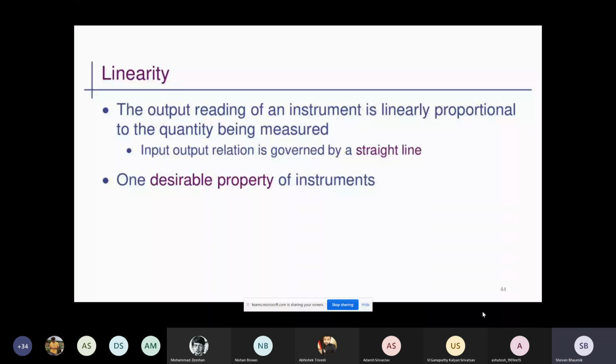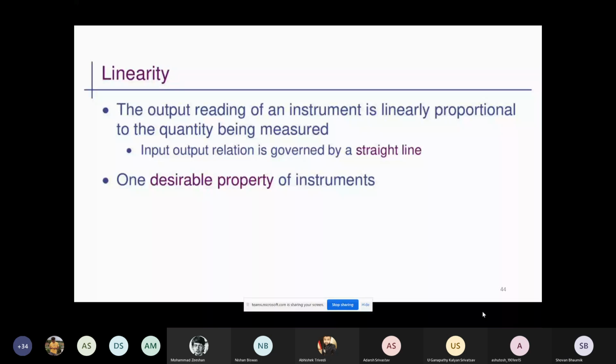So you can exactly give the nonlinear relation inside the microcomputer of the instrument. Whatever output you get, you fit it to that nonlinear relationship, you will get the input, and you display the input. That is a very good approach.